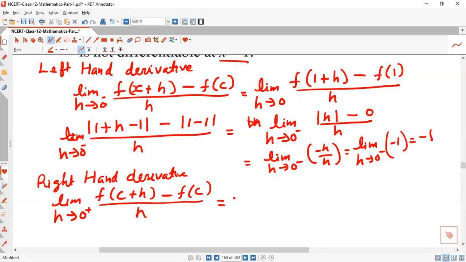We put the value here. With c equal to 1, the function becomes 1 plus h minus 1, and minus the mod of 1 minus 1, divided by h.